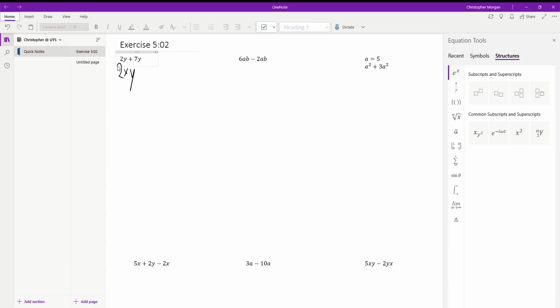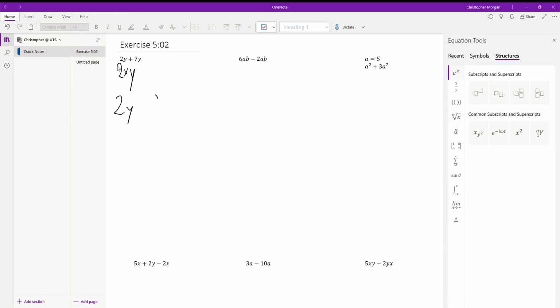Okay, do you see that? So there's always this invisible times that is between two numbers when we write them close together like that. That's important for later on, but just remember that now, okay? Now this times means that we could write this 2y in any order, right?